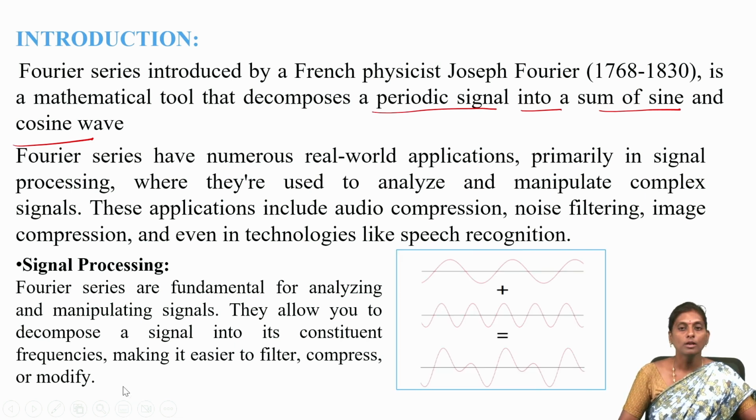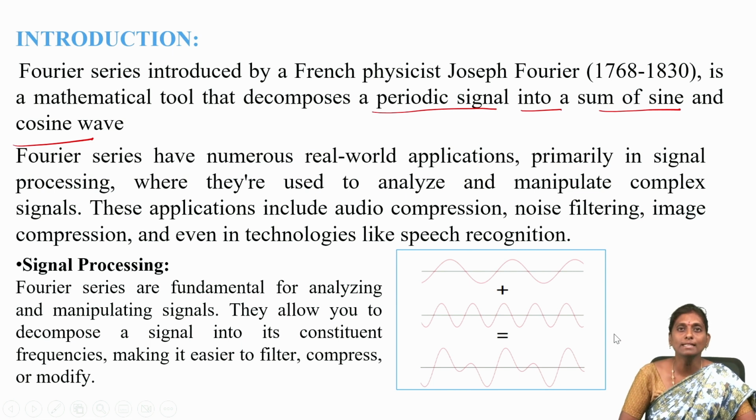For example, here these are signals. Here one signal is decomposed into two signals, a sum of two signals, that is, sine and cosine waves. For decomposing, to make designing and analyzing easier, Fourier series and Fourier transforms are very useful.